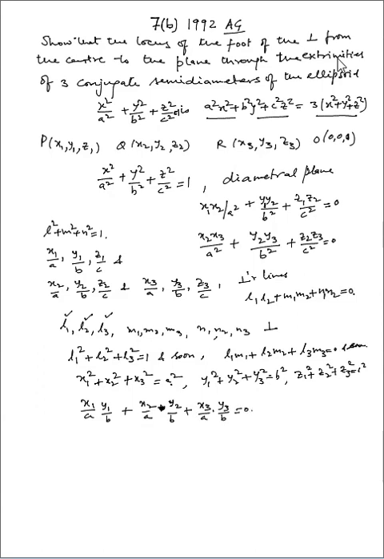And from here, by cross multiplication, it will imply x1 y1 plus x2 y2 plus x3 y3 is equal to 0. And we will have y1 z1 plus y2 z2 plus y3 z3 is equal to 0, and z1 x1 plus z2 x2 plus z3 x3 is equal to 0. So these will be the cases.